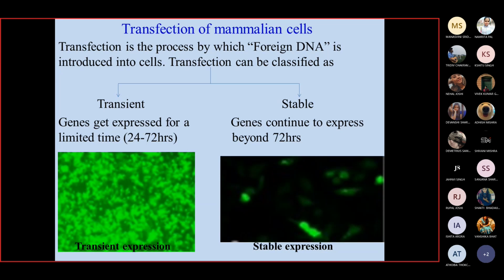On the other hand, when it comes to stable expression, there are very few cells that are expressing at that high level, but they will continue to express at a very high level. But the fraction of cells that are going to be stably expressing is kind of low, and you need to select for them. You don't know which cells are going to be stably expressing, so you may need to do a selection process.